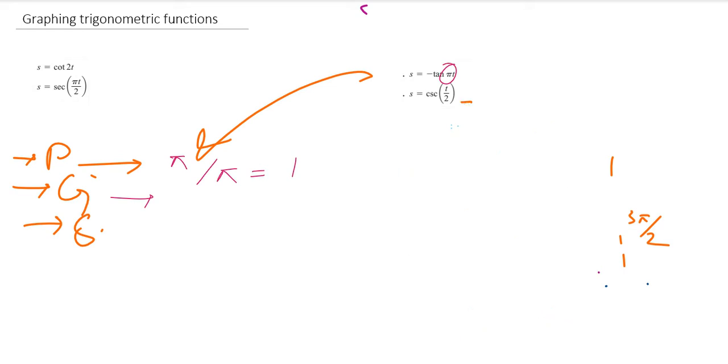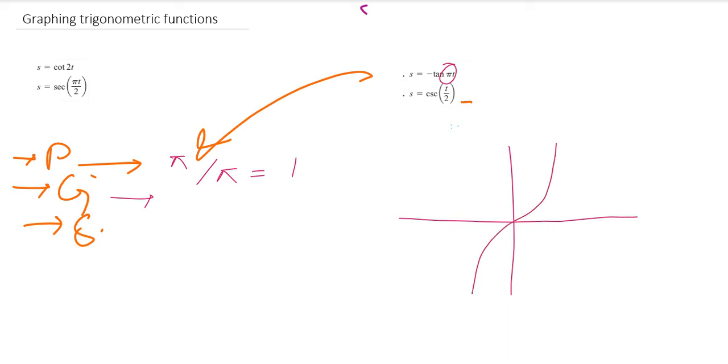The difference between points must be equal to 1. If we draw 0.5 over here and 0.5 over here, you can see the difference will be 1.